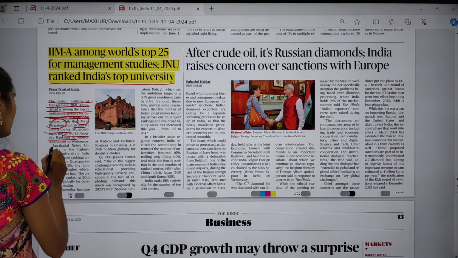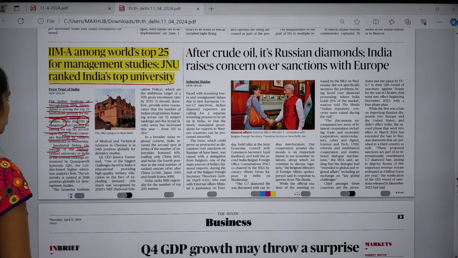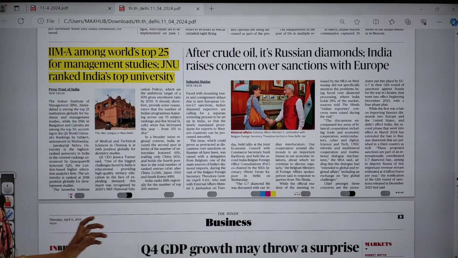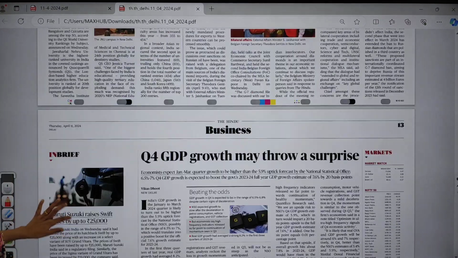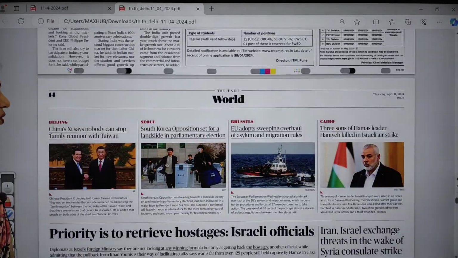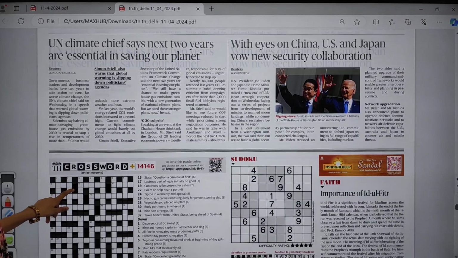And Jawaharlal Nehru University is the highest ranked university in India according to this QS study. So this study is very important regarding the ranking of higher education institutions. And these are the very important articles which appeared in today's Hindu newspaper.